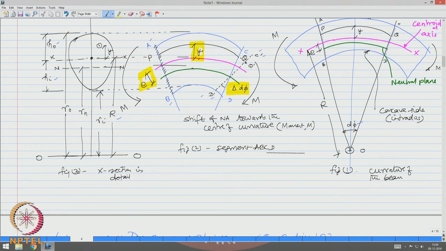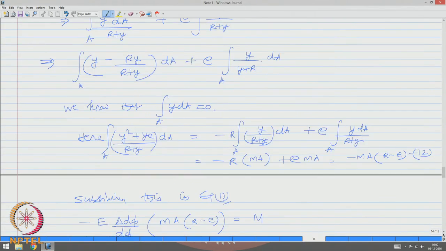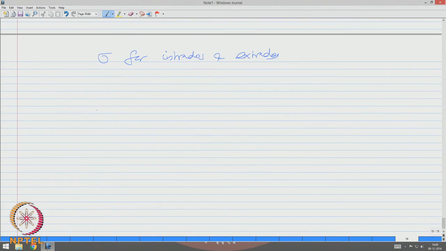So, I should say R plus h o can be R o, R minus h i can be R i. Use this relation in calculating stresses at the intrados and extrados.